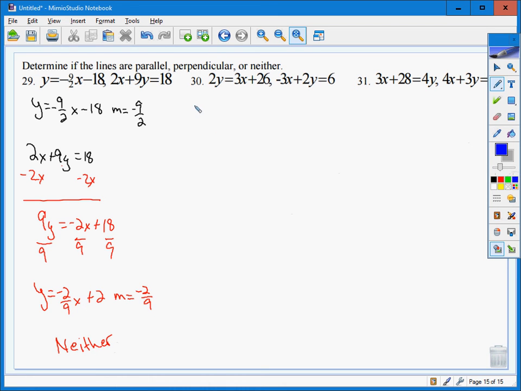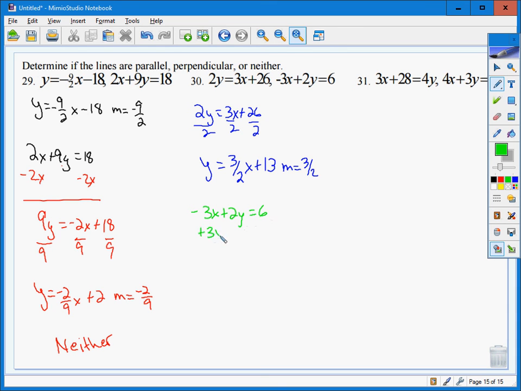The next one, 2y equals 3x plus 26. If I divide everything by 2, y equals 3/2 x plus 13. The slope of this line is 3/2. Negative 3x plus 2y equals 6.